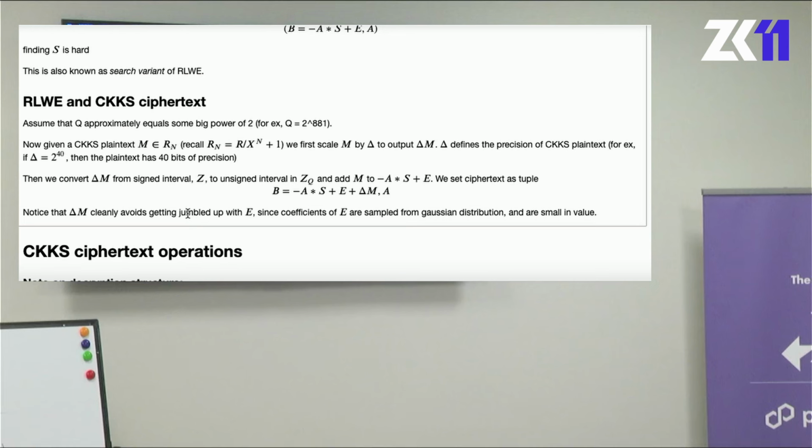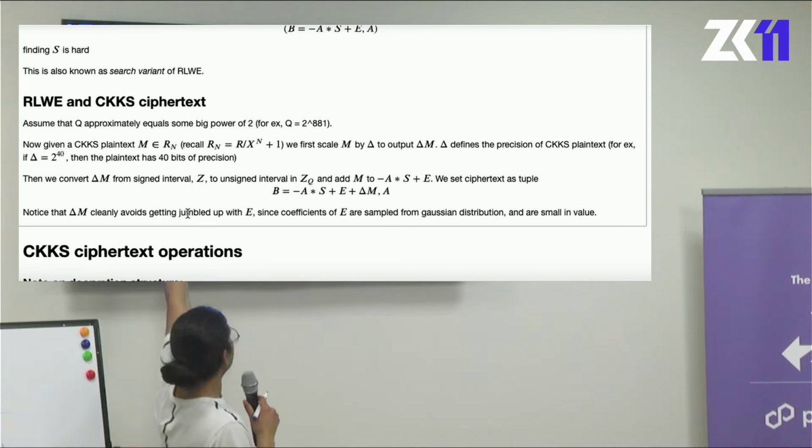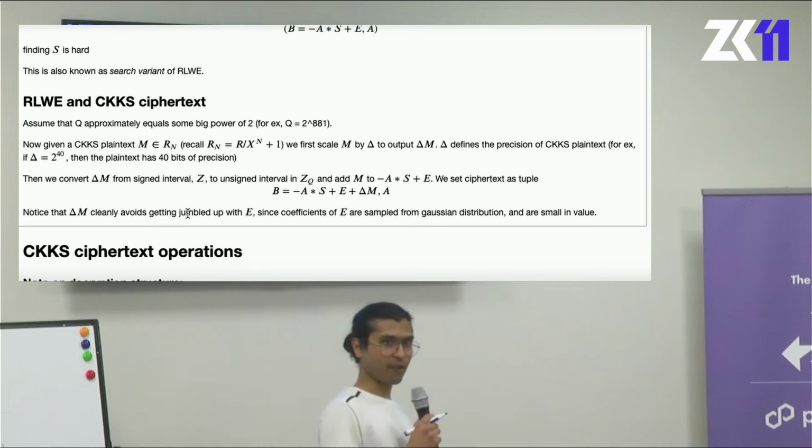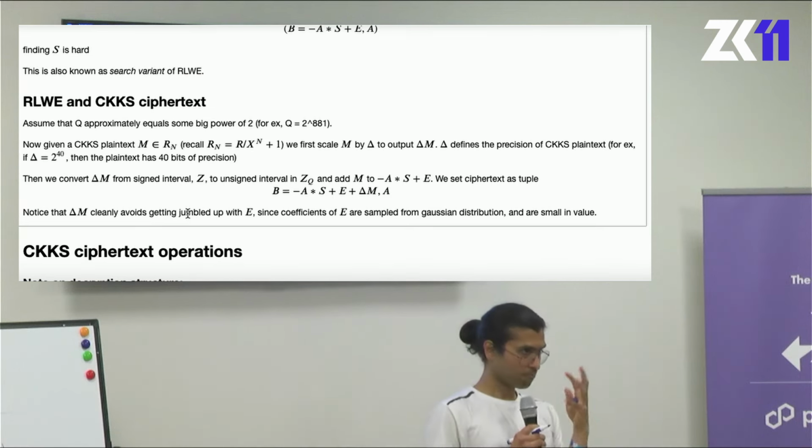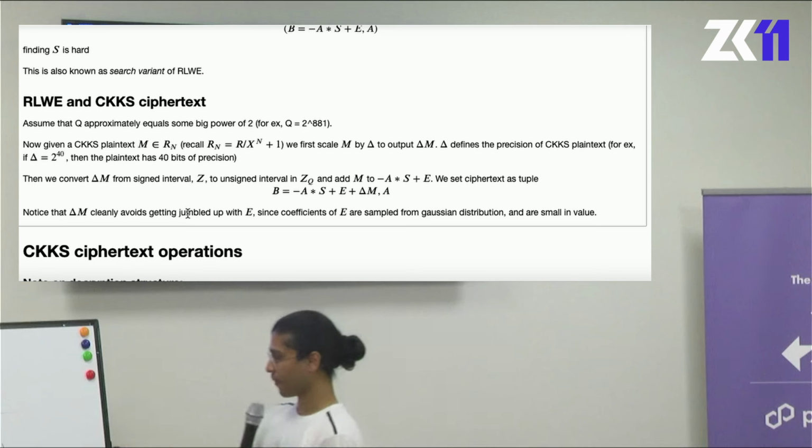So we take the message in Rn and scale it by delta. Delta could be any value. For example, if you take delta as 2 power 40, you will have 40 bits of precision in your operations. So we scale the message by delta and simply add it to this.